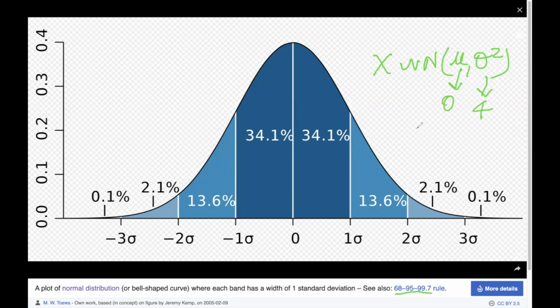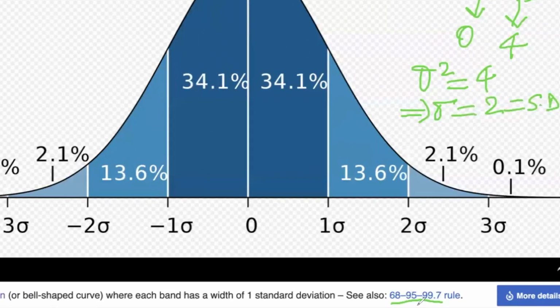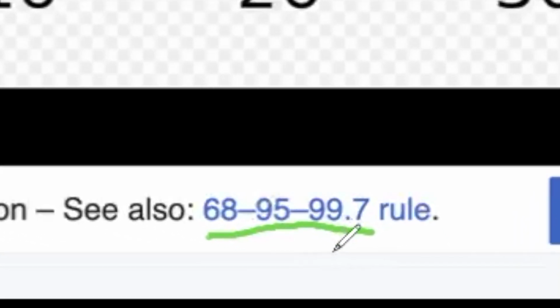If sigma square is 4, then sigma is equal to 2, and this is called the standard deviation. So my standard deviation is 2 here.